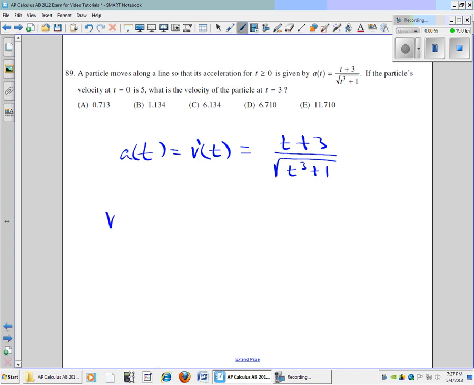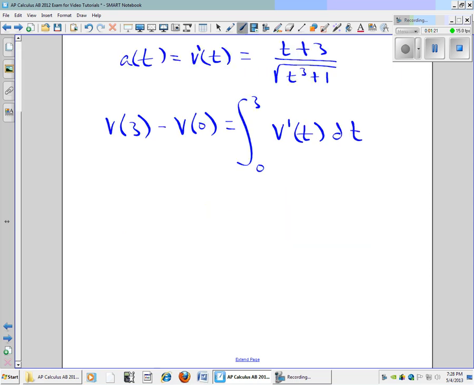We'll have v of 3, that's what we're looking for, minus the velocity at time t equals 0, as being equal to the integral from 0 to 3 of the derivative of the velocity with respect to time.